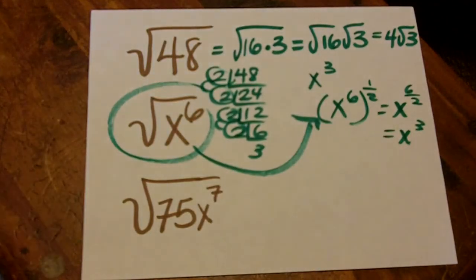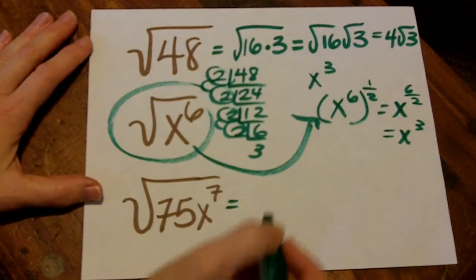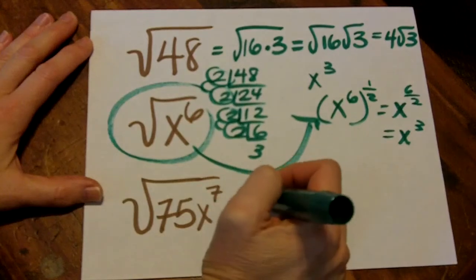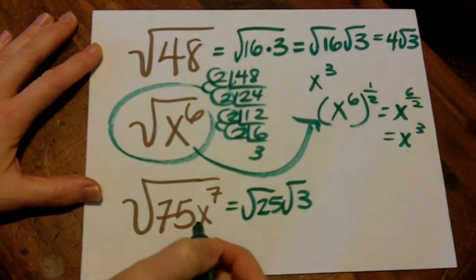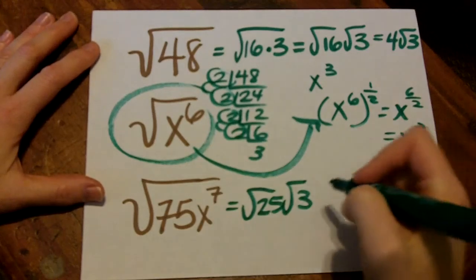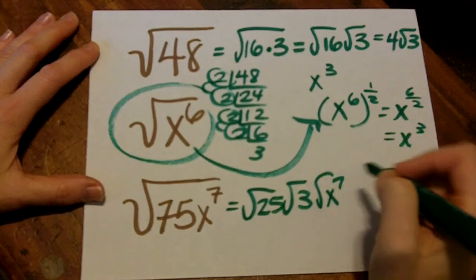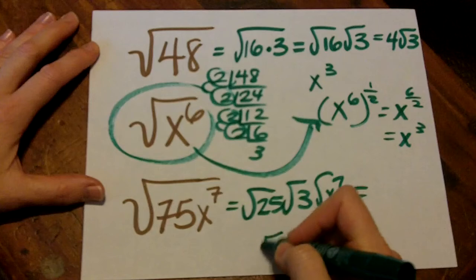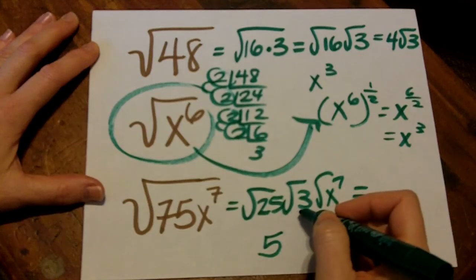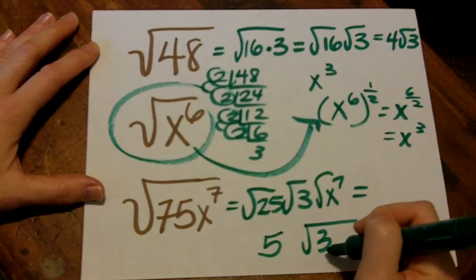Now let me show you a different example. If we have the square root of 75x to the 7th, I know that I can rewrite 75 as the square root of 25 times the square root of 3, and I know that x to the 7th is not pretty. But I can take this square root, and I'm going to end up with the square root of 3 remaining inside.